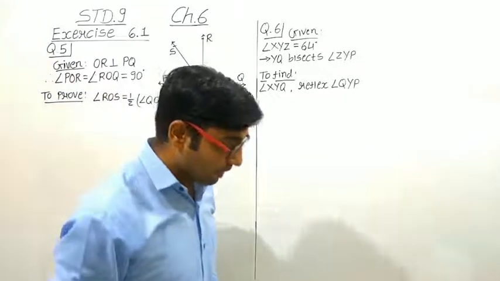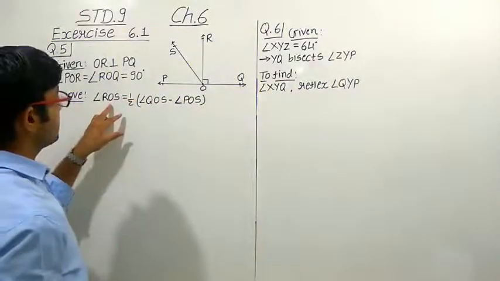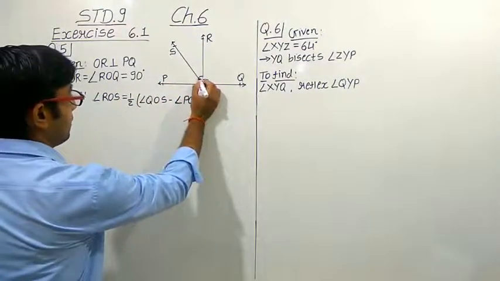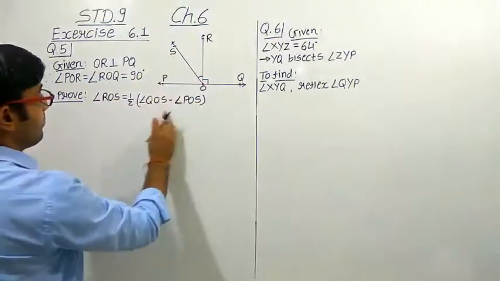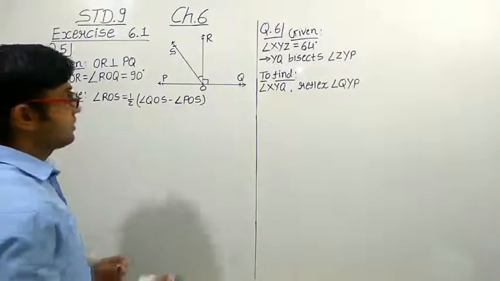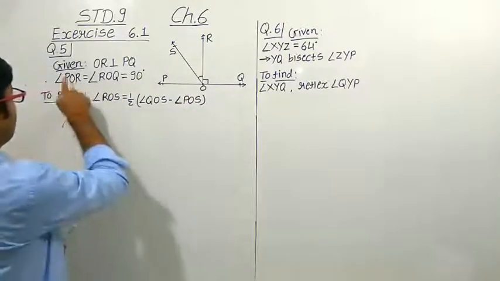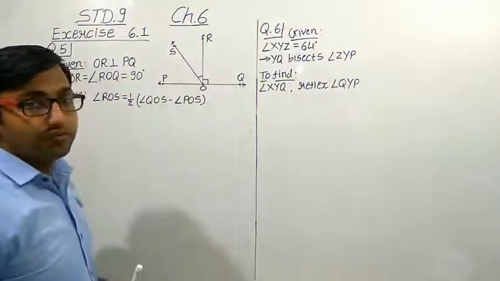So here we have to prove that angle ROS is 1 half of angle QOS minus angle POS. What is given is that OR is perpendicular to line PQ.